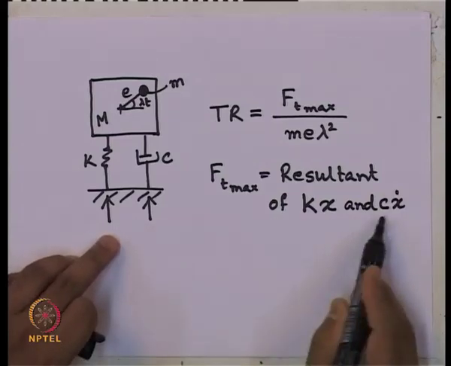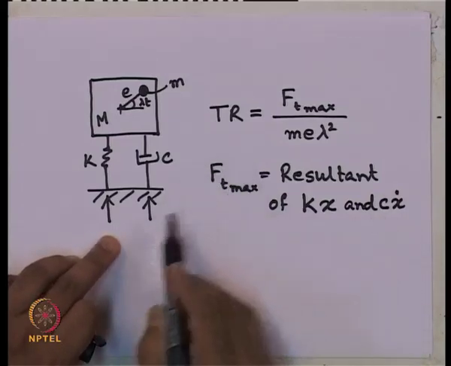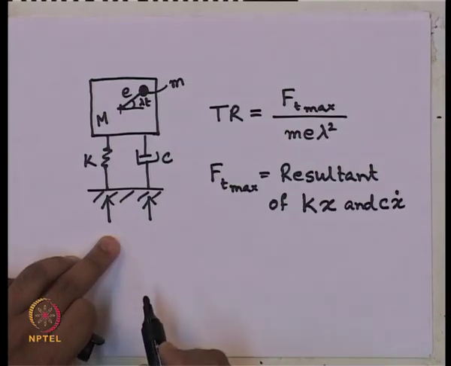So, the resultant of these two forces will give us the force transmitted to the base of the system.